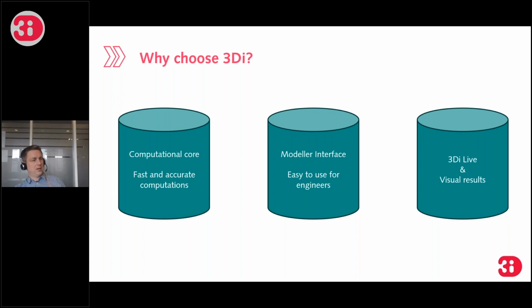That makes them able to work fast and also to diminish any mistakes that might clutter up the process or make the wrong decisions. And of course, thanks to the visual results and also the possibility to add 3DI live simulations and show your stakeholders what is happening, it gives you a shared understanding of the water system, and a shared understanding of the climate adaptive measures that you have to take into the future.